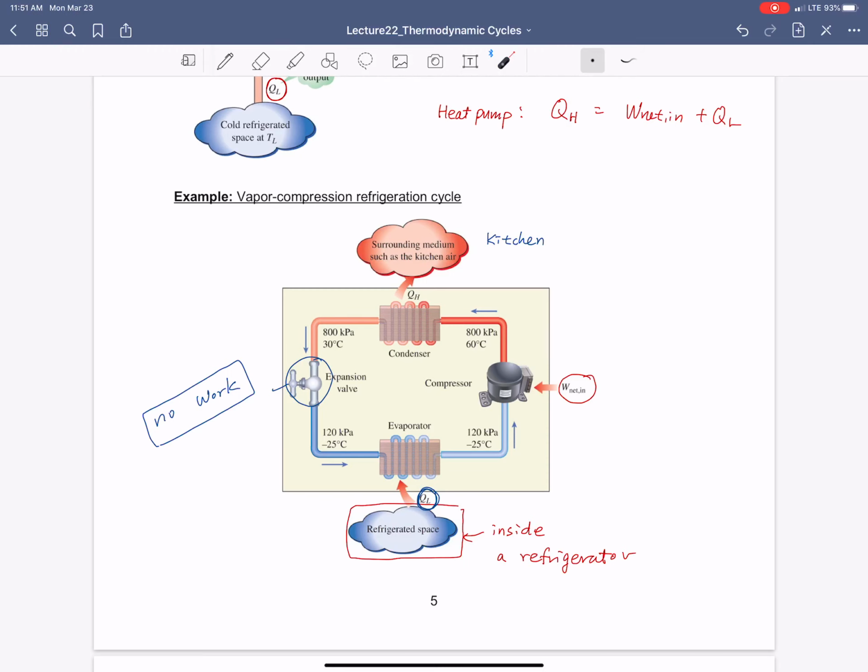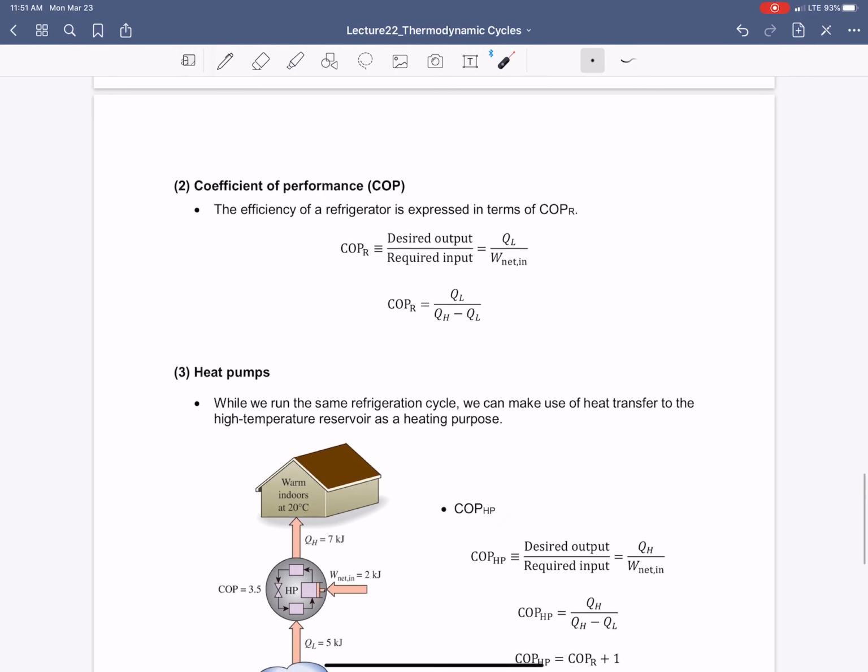Now, how can we understand the efficiency? We use the definition of general efficiency, which compares desired output with required input. But for the refrigeration cycle, instead of efficiency we use a new term called coefficient of performance, or in short, COP. COP is conceptually the same as efficiency.